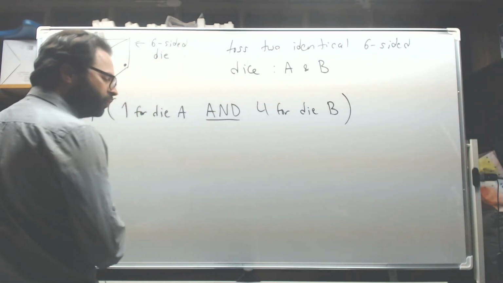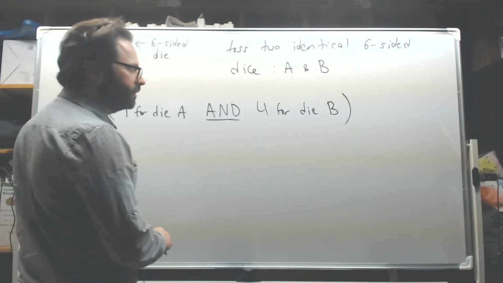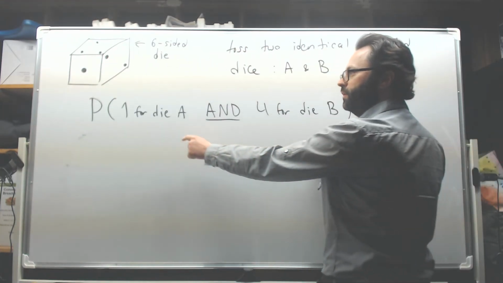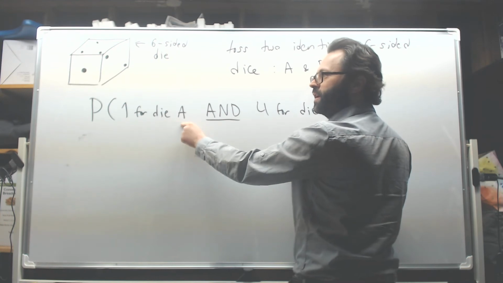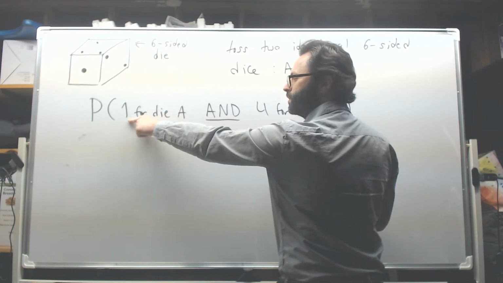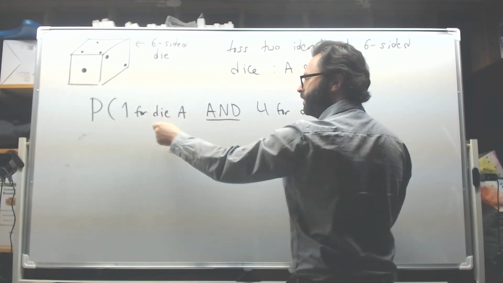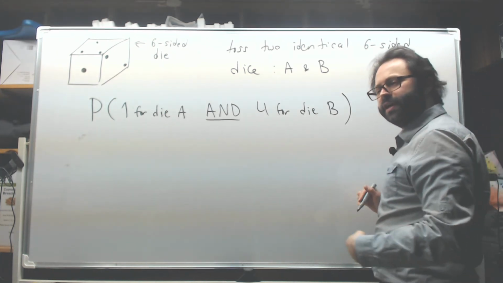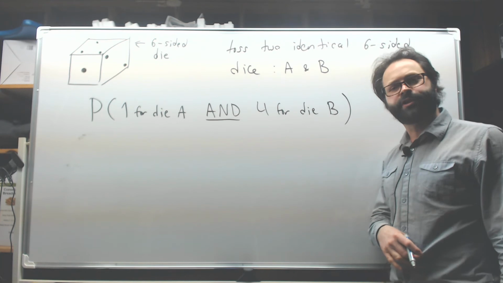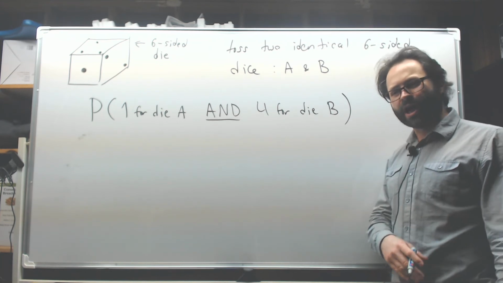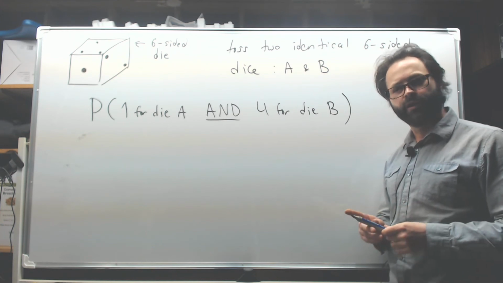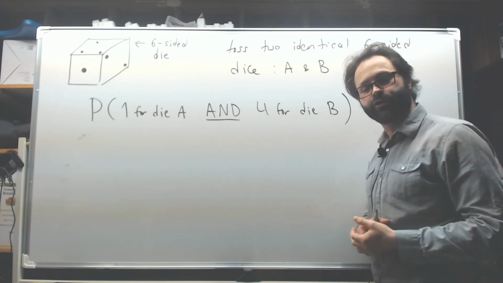Here's the next rule. First, we realize the following. Does the fact that die A gives us 1 have any influence on whether die B gives us 4? If the dice are identical and ideal and we toss them simultaneously, why would die B have anything to do with what die A does, or vice versa? Or even if the dice are tossed sequentially.